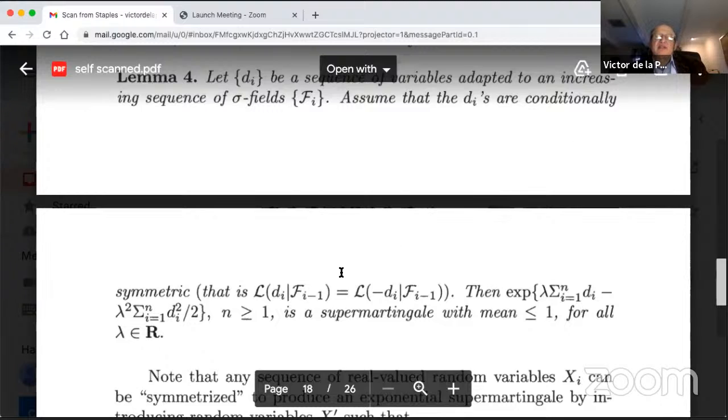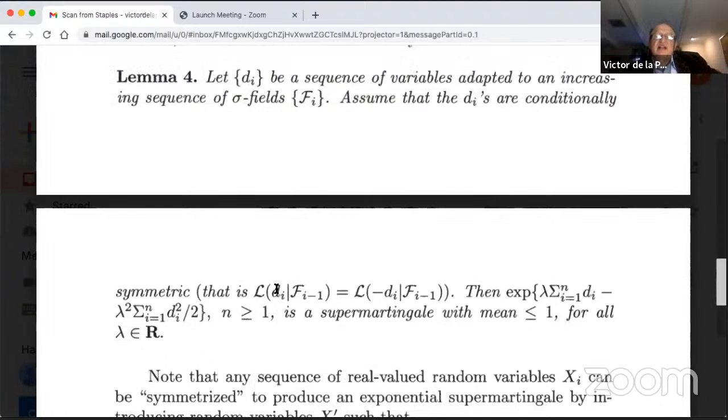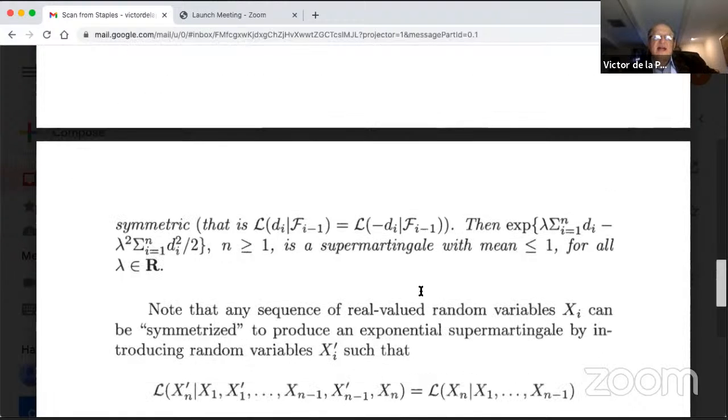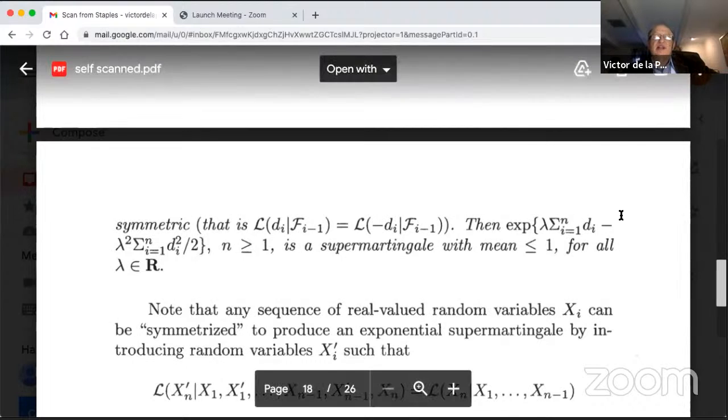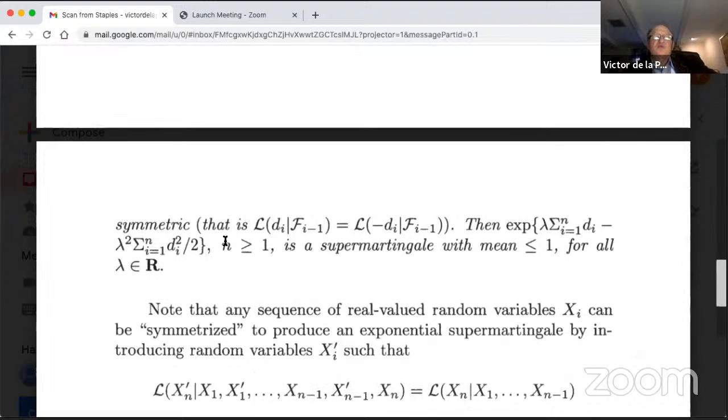What I'm assuming is that the conditional distribution of d_i given the past is equal to the conditional distribution of minus d_i given the past. Under this assumption, no moment assumptions, then e to the lambda summation of d_i minus lambda squared summation of d_i squared over 2 is a supermartingale, and this expectation is less than or equal to 1.